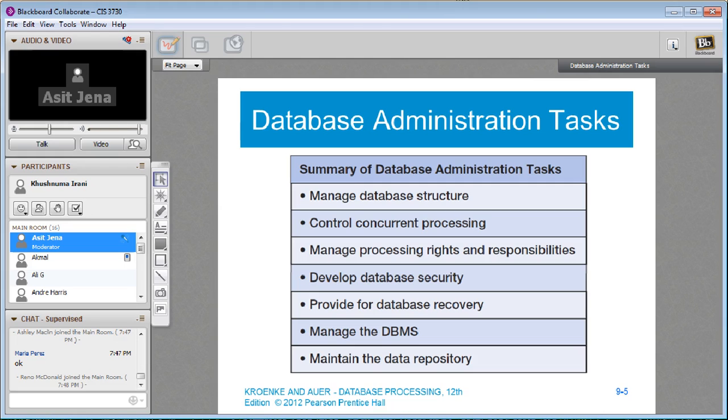Controlling concurrent processing means that the database administrator makes sure that the database doesn't go to an unstable state. What do we mean by that? What we mean is that, let's say you go to the ATM and you're withdrawing $100.